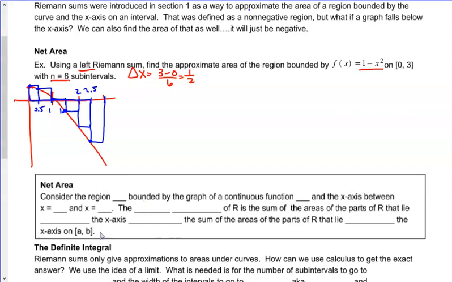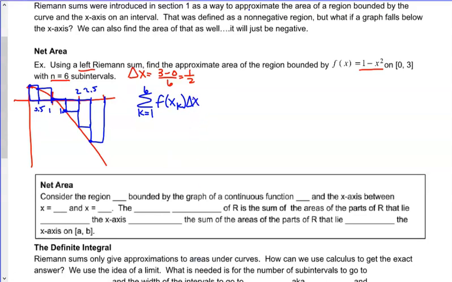So I'm going to bring in our summation notation a little bit, where I'm going to sum from k equaling 1, and I need 1, 2, 3, 4, 5, 6. So I need 6 values of my function value at x of k times delta x. And that's what we were adding up all in the last section.